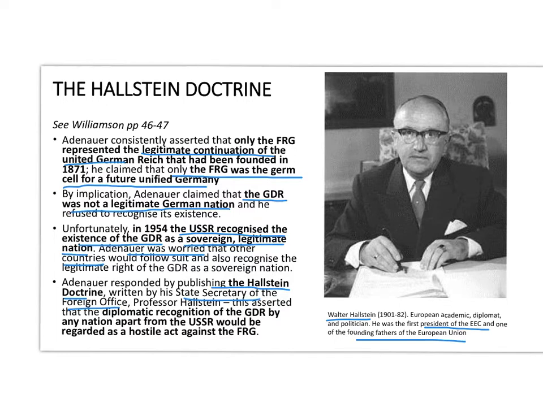And Professor Hallstein, in his doctrine, a doctrine being a written document, asserted that if any other nation apart from the USSR diplomatically recognises the right of East Germany to exist, the new West German state will regard that as a hostile act, an aggressive act against West Germany. Almost like an act of war.